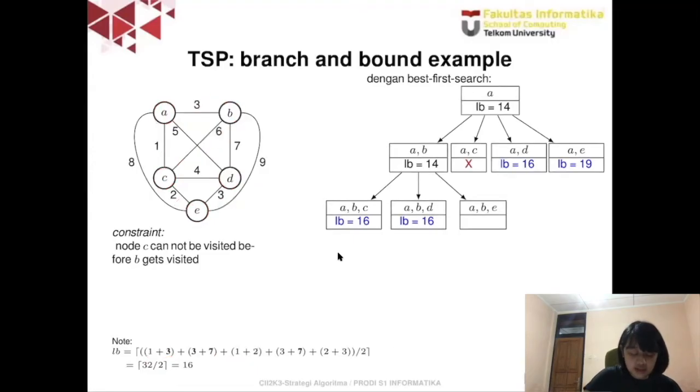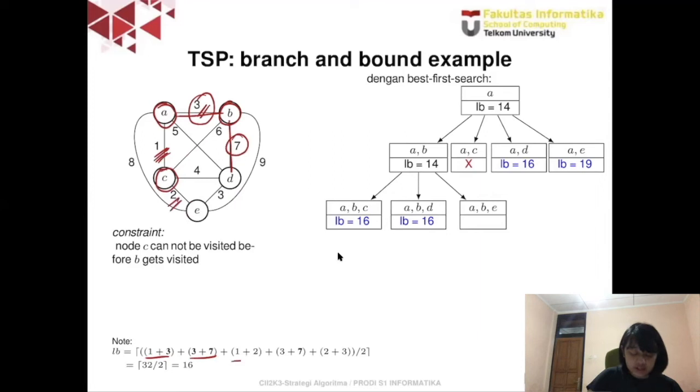So A, B, D is part of the solution, so A in the solution must be attached to 3, and the other edge that is attached to A in the solution cannot be lower than 1. For B, it must be attached to 3 and 7 in the solution, and C has no edge attached yet in the partial solution, so we can choose the 2 lowest edges that are attached to C, which are 1 and 2.